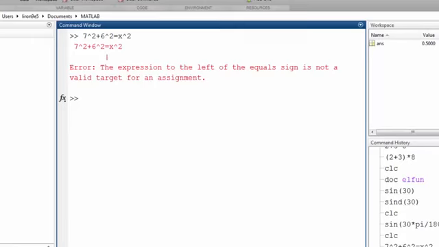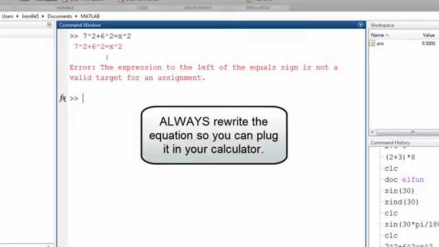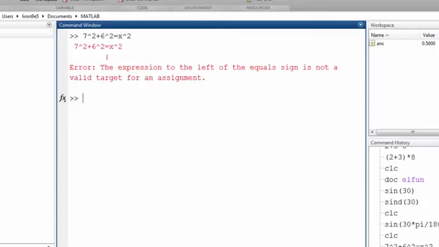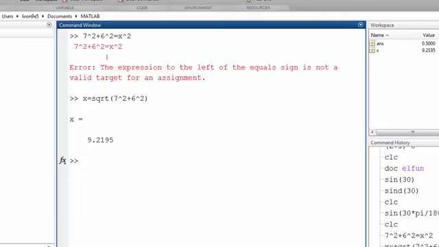No. Identically to a calculator, we always need to solve the equation first on paper, make all the known values on the right side of an equation, and then we can plug it in the calculator. Identical in MATLAB, we must have all the known values on the right side. So if we do want to solve it, x equals square root of 7 squared plus 6 squared. And in that case, we actually end up with the result.